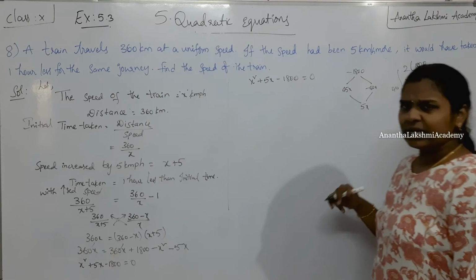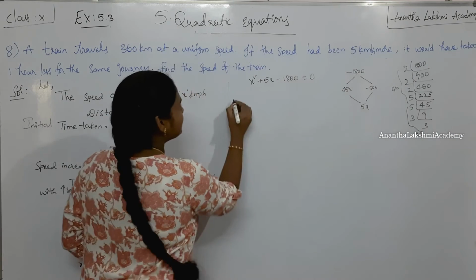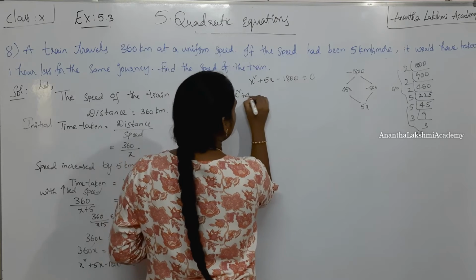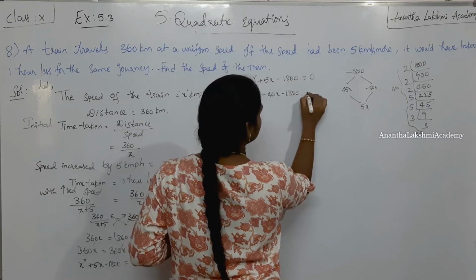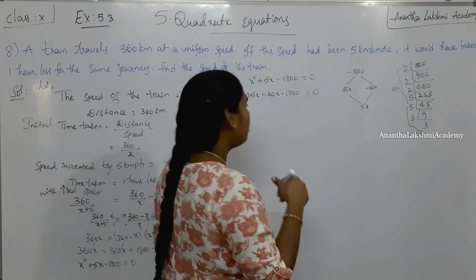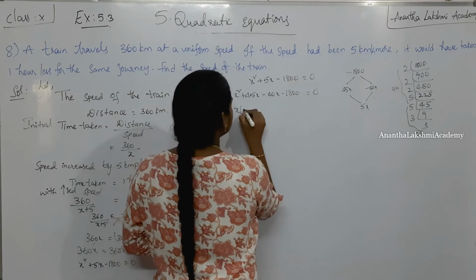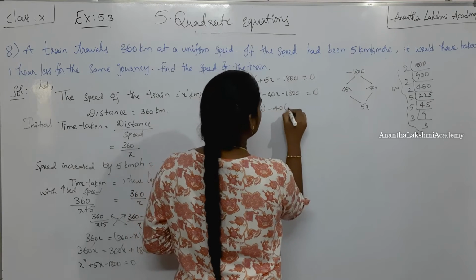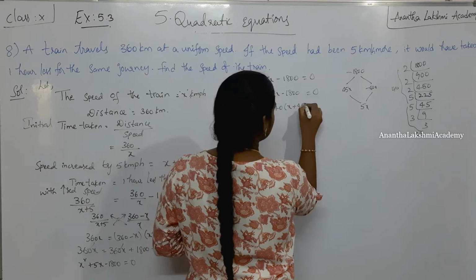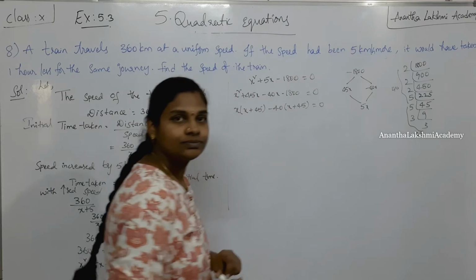Okay, so let us solve for the same. x square plus 45x minus 40x minus 1800 is equal to 0. If you take x common, x plus 45, and if you take 40 common, x plus 45 is equal to 0.